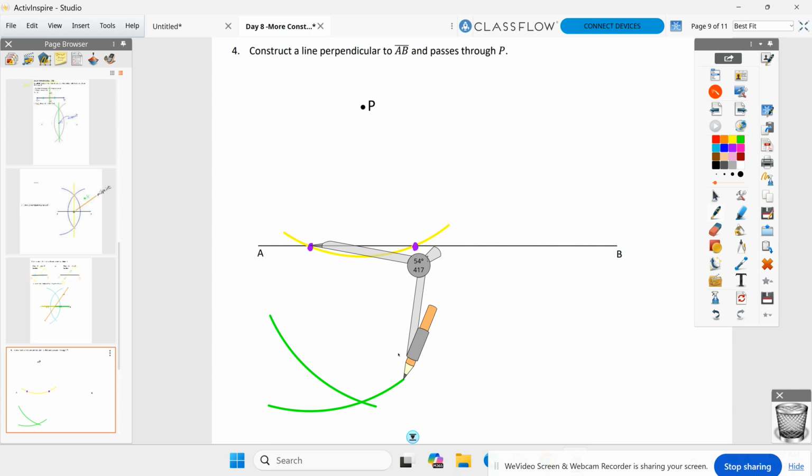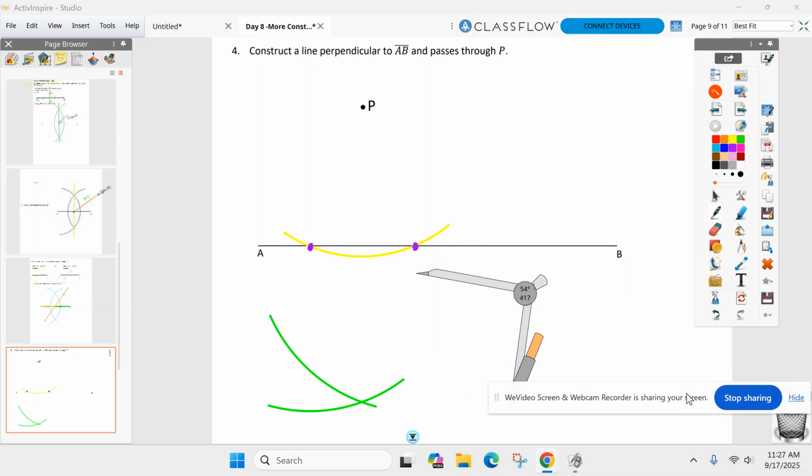So I made my smile. I opened up my compass a little wider, and now I'm going from each point of intersection and doing two arcs that intersect. And hopefully it's right below P. Hopefully, right? We'll see when you line up your straight edge. Yep, so take your straight edge. When you're ready, we're going to do this again.